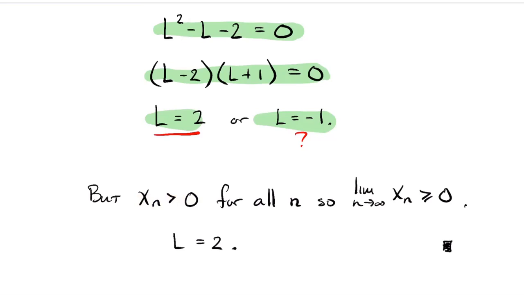I don't really need to dwell on that. So by one of our order properties applied to xn and the constant sequence 0, notice how the strict inequality here has to be a possibility, but the limit of xn has to be non-negative. So that rules out -1. -1 is not greater than or equal to 0. So our sequence converges to the number 2.